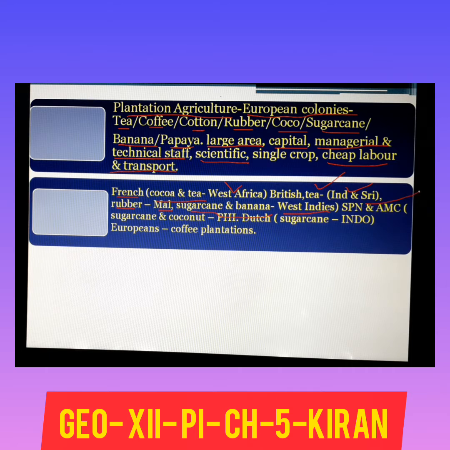The Spanish and Americans introduced sugarcane and coconut in the Philippines. The Dutch introduced sugarcane in Indonesia. Europeans introduced coffee plantations in South American countries. You can see here the European colonies spread and introduced different plantation crops all over the world.